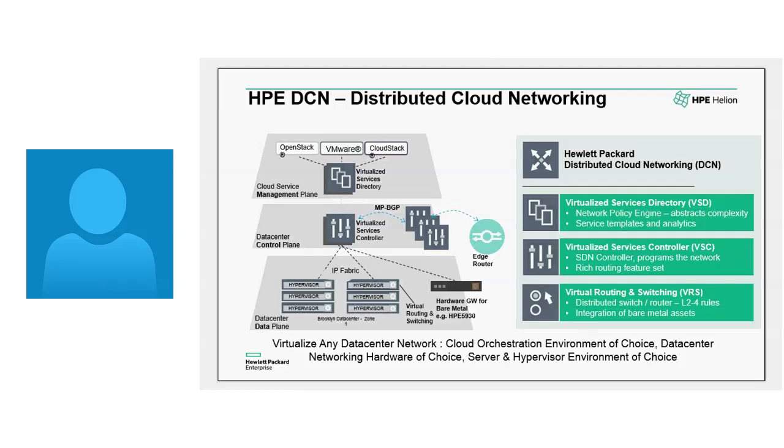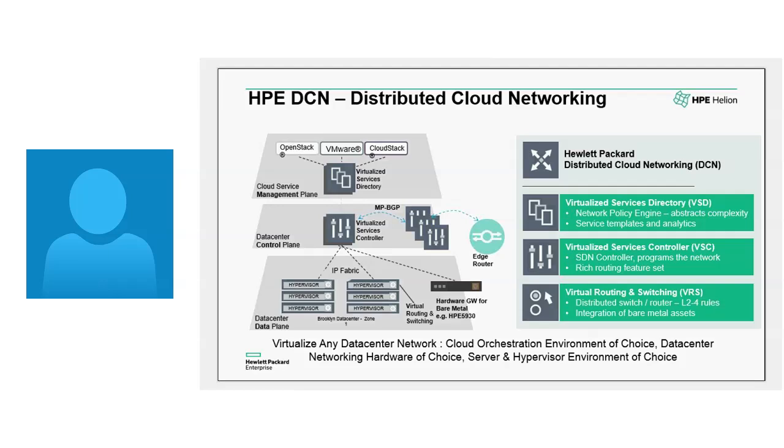That is the one which is used to talk to any kind of physical equipment that you have. For example, if you have a 5930, or say you have a provider VLAN that you have to talk to, you would use your VRSG to talk to your provider VLANs, and to other physical equipment which is there in your data center.